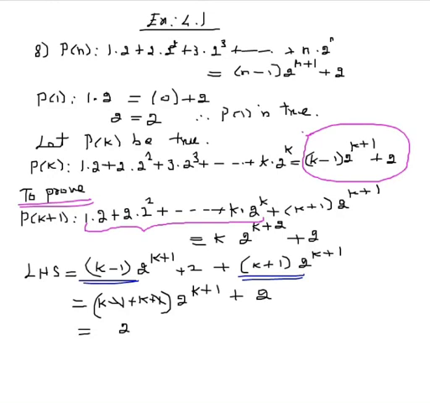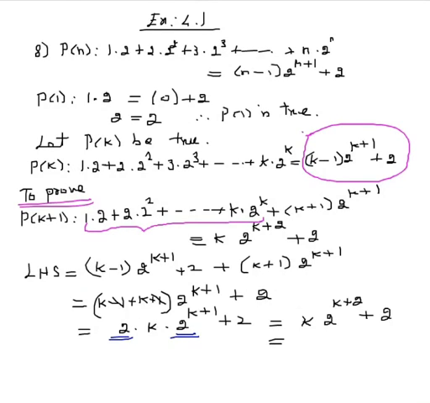So it becomes 2 times k times 2 power (k plus 1), that is, 2 power 1 and 2 power (k plus 1). Therefore, the answer becomes k times 2 power (k plus 2), plus 2. And this is the right hand side of the result which we have to prove, the P of k plus 1 result.